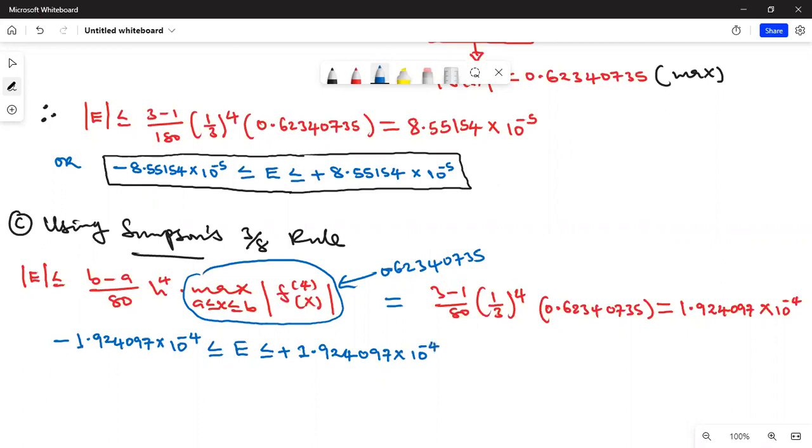So our error, whether negative or positive, should range between that interval. So let me bracket this.